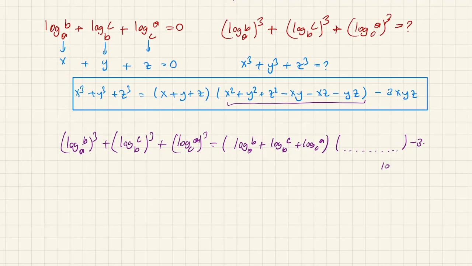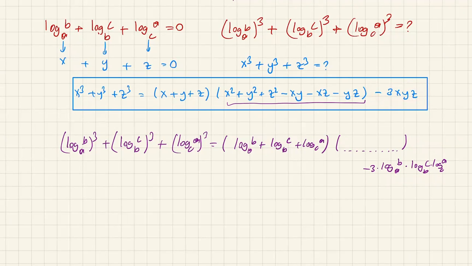And then x was my log, so maybe I will write it here. Minus 3 times log base A of B, times y, which is log base B of C, and times log base C of A. So maybe I should write minus 3 over there. Again, this is just minus 3xyz. Since there's no place right here, I just wrote it there, okay?